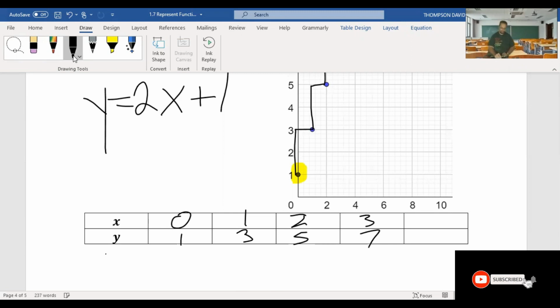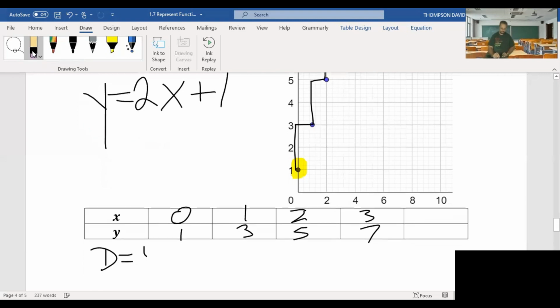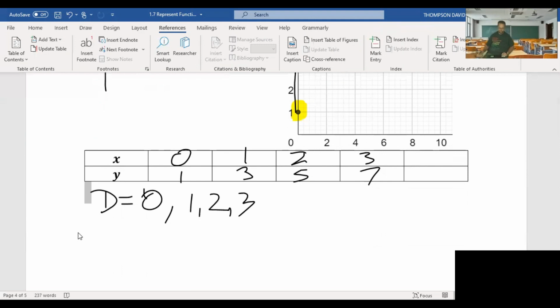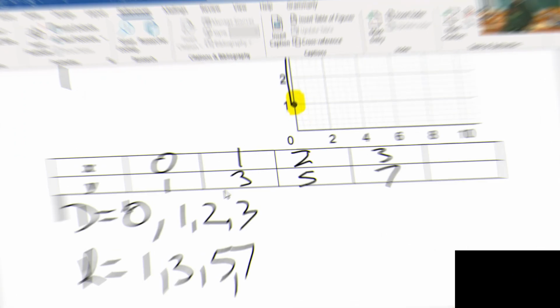We'll use D. You can just write that as 0, 1, 2, and 3. In range, we'll use R. That'll be 1, 3, 5, and 7. And we are done.